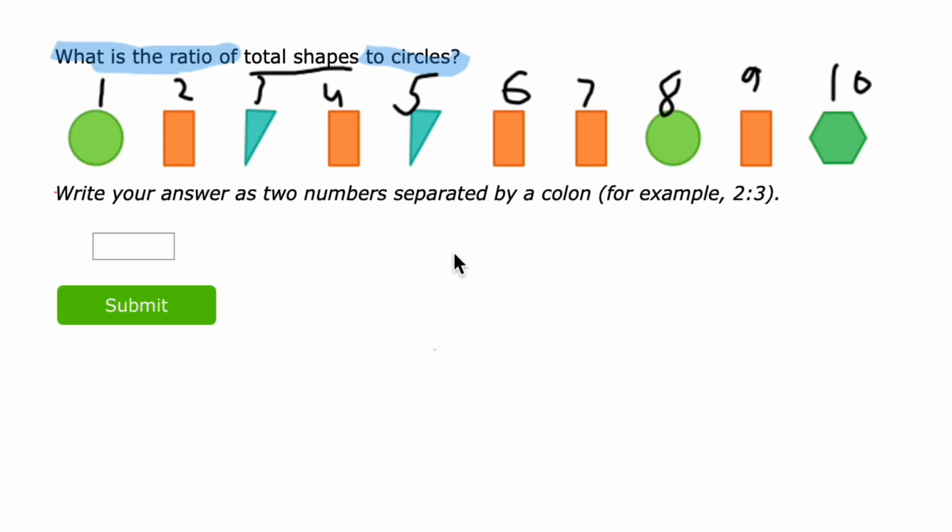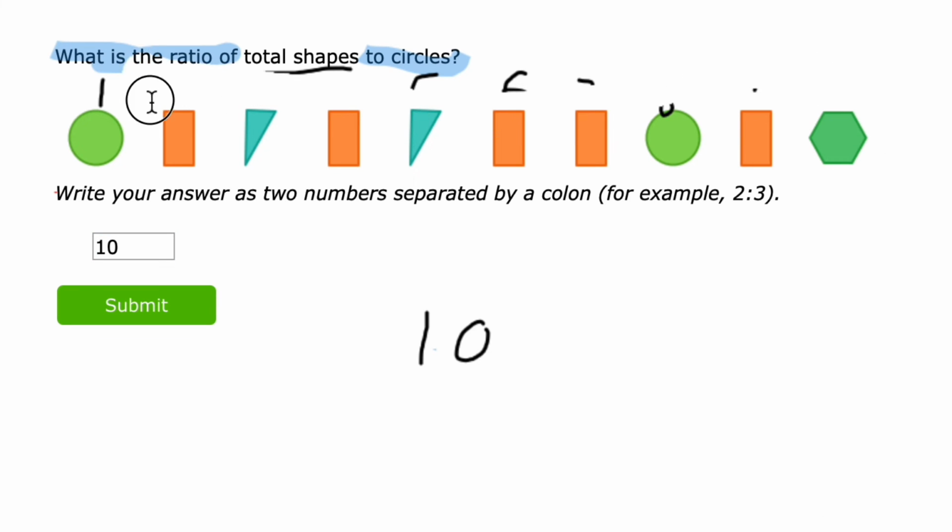Right here we have counted 10 total shapes, so we write 10, or because we are on a computer, we can type 10. But do not submit your answer yet. Do not be done. There is way more to this, which makes it easy.